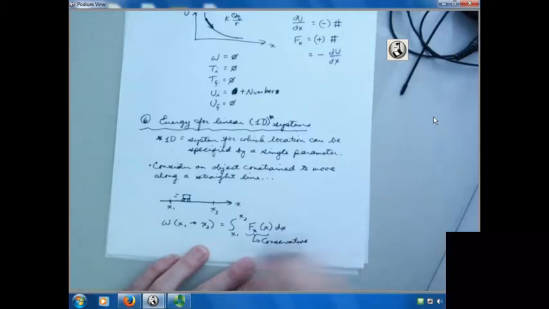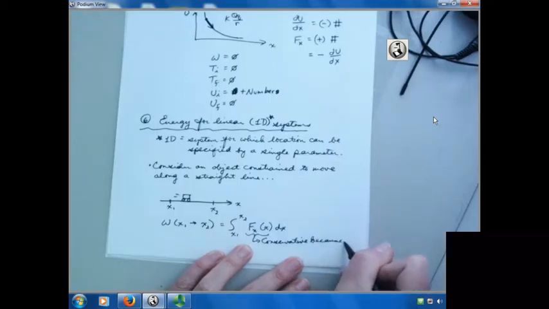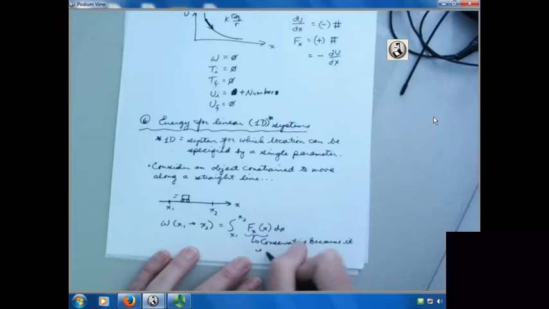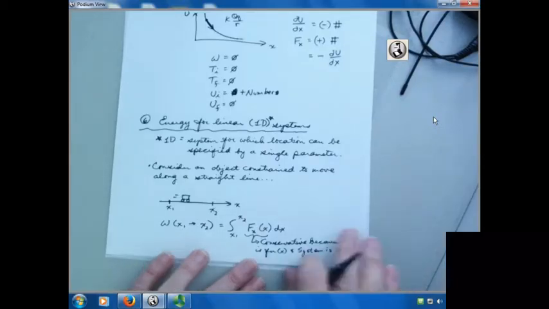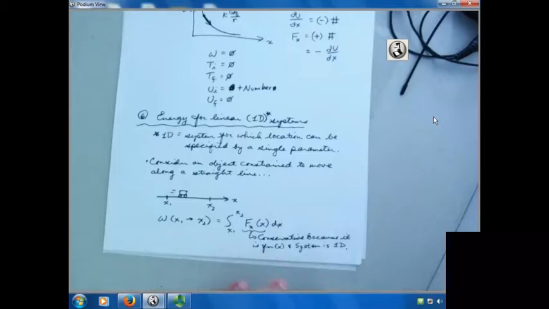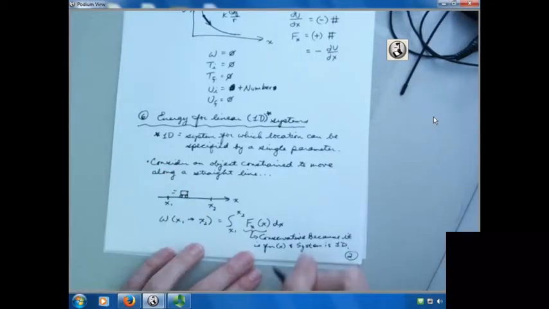And because it is a function of just my one parameter, and my system is one-dimensional, that's sufficient to make that statement. And I think this is page 2. All right. So again, if you want to see that proof, check out page 124.